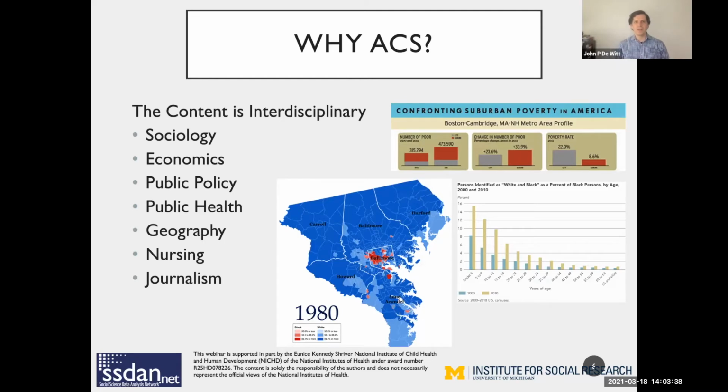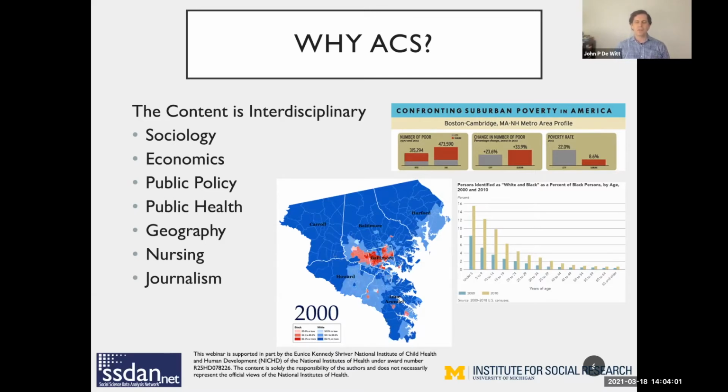And if you're here, you probably have your reasons. But one of the things we just wanted to focus briefly on is why do we see the ACS, the American Community Survey, and related census data as useful for a wide range of courses? That's really because the content is interdisciplinary. It covers a wide range of topics.